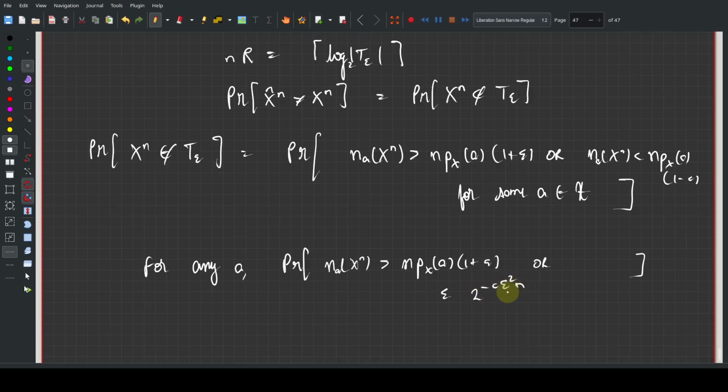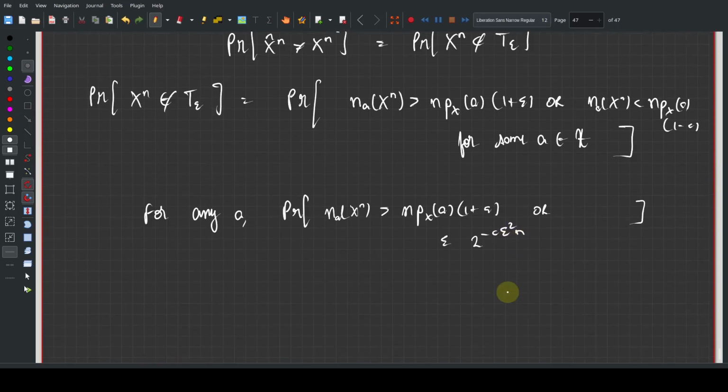It's just the sum of Bernoulli random variables. Right? This is for one particular a. But we're saying that the probability that x^n is not in T epsilon is the probability that this happens for some a.